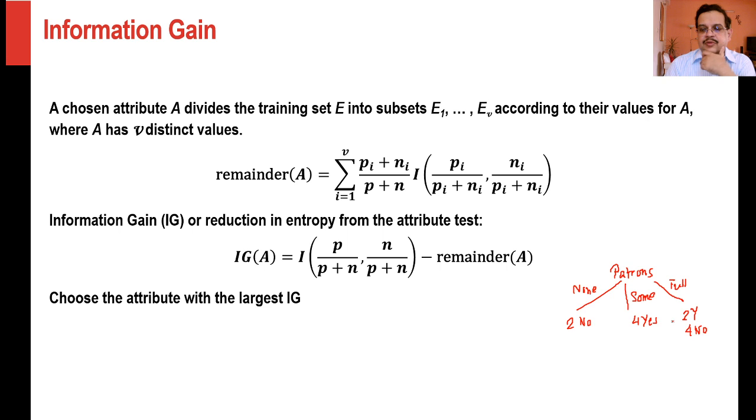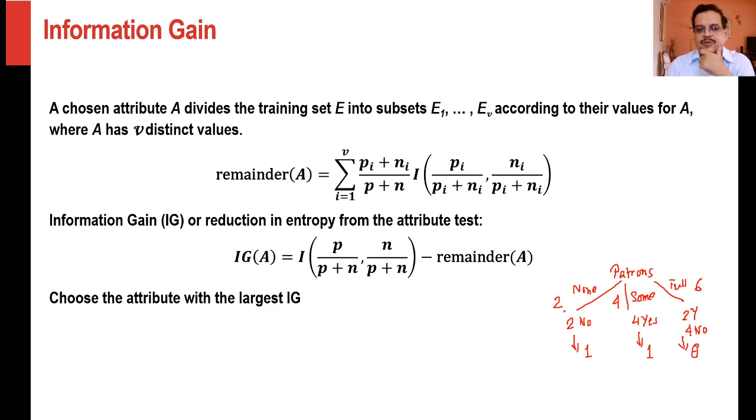So now here I can see immediately that my entropy will become 1. Here my entropy will also become 1, and here it will become something else, let's say some theta. Now see, the number of samples that went down this way were 2, this way was 4, and this way was 6.